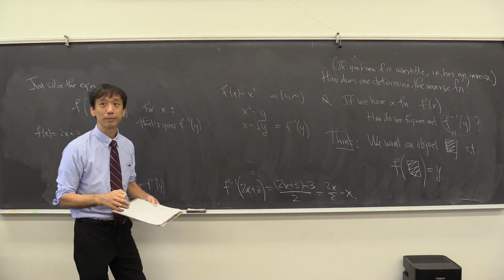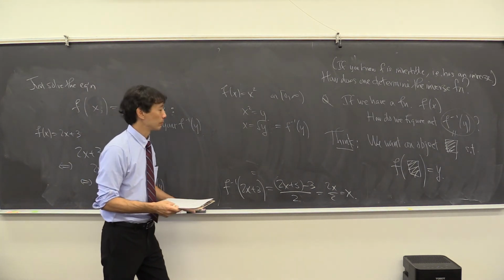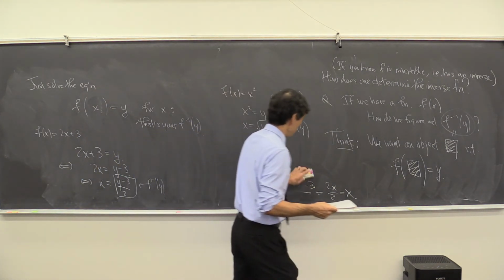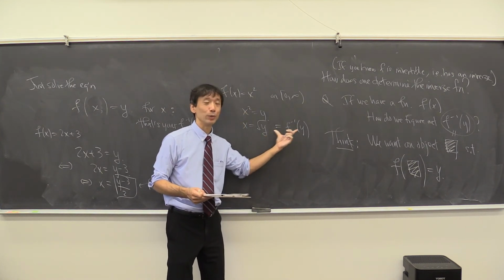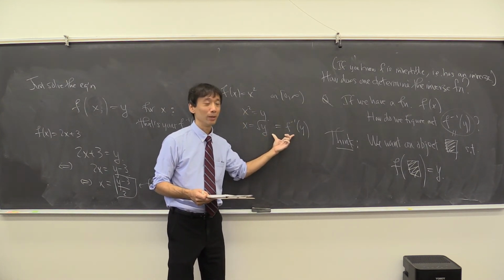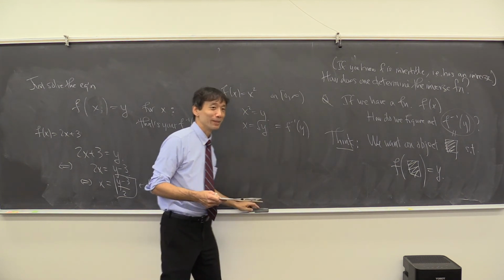If you don't like using y as your input, once you get to this point, you can just switch everything back to x's if you feel like it. But really, you should keep it as y.